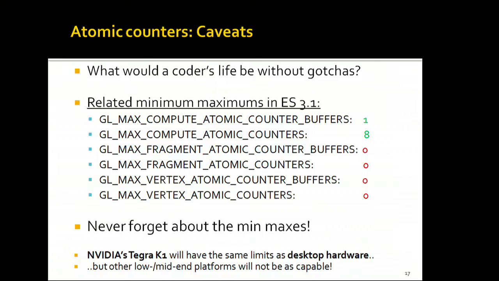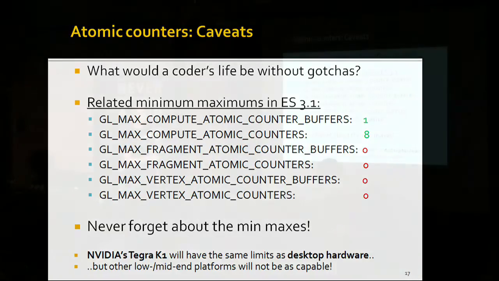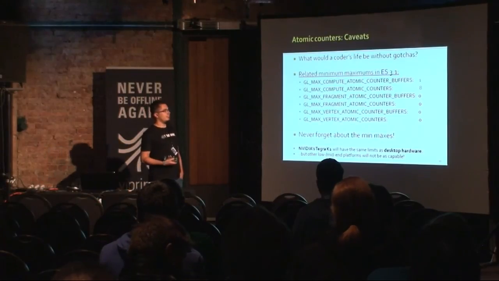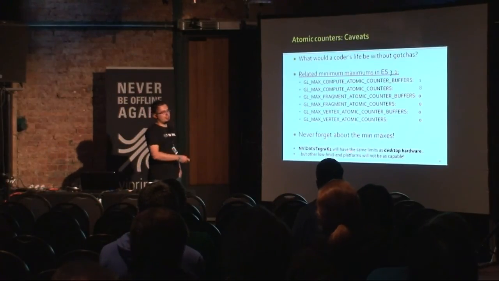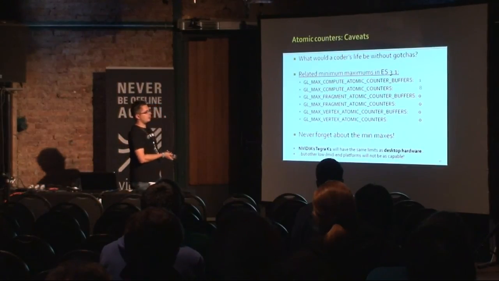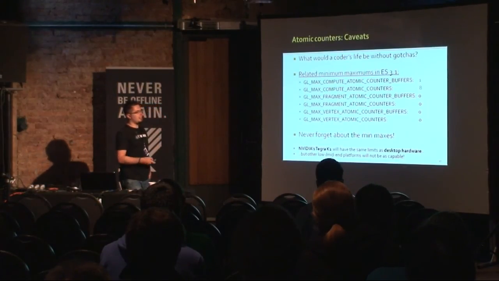Do you know the idea of minimum maximums in OpenGL ES? Let me elaborate on that a little bit. I know this sounds very weird, but if you look at the OpenGL or OpenGL ES specification, there's this GL_MAX set of properties. These tell you the largest amount of something that you can use in your application.